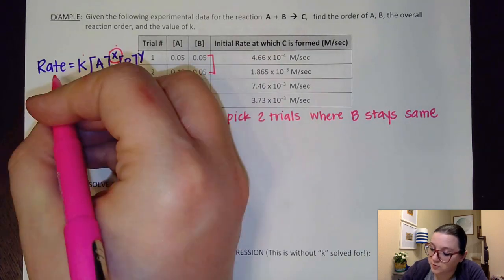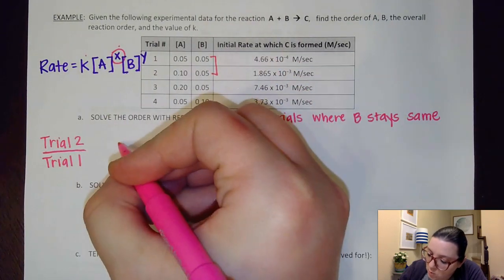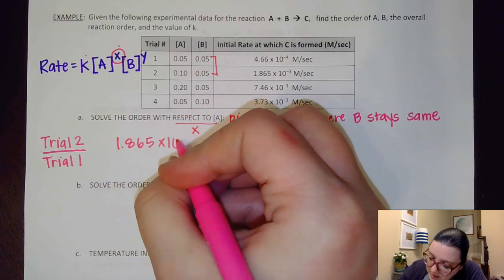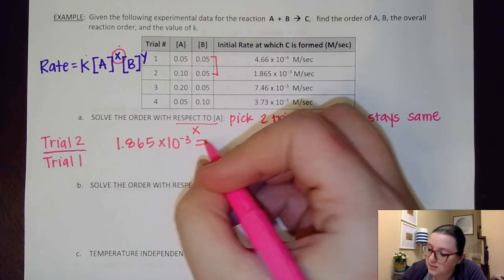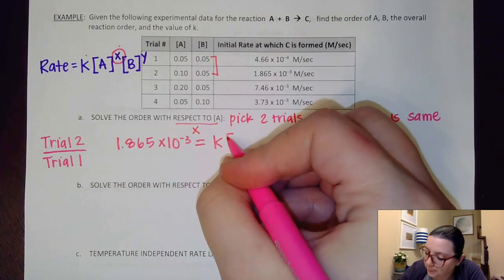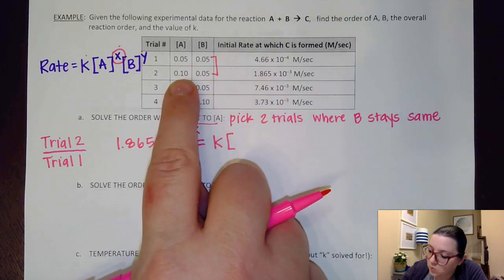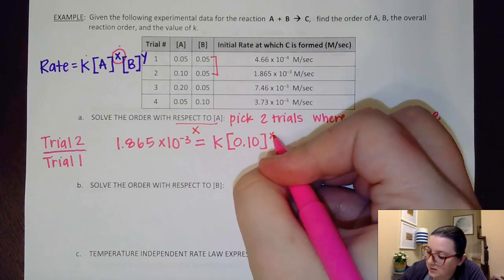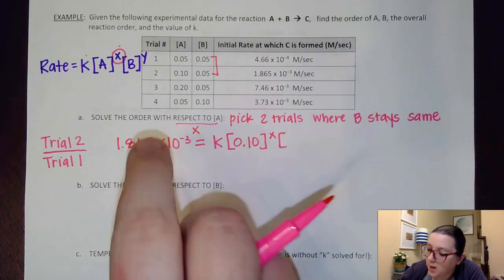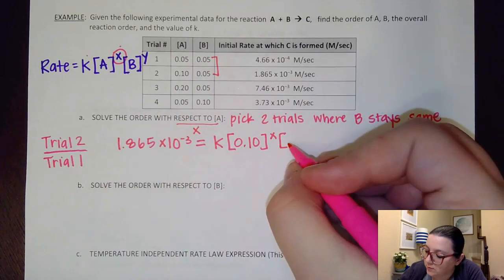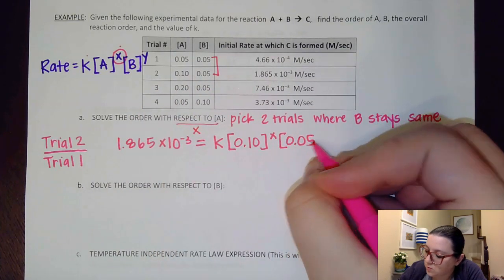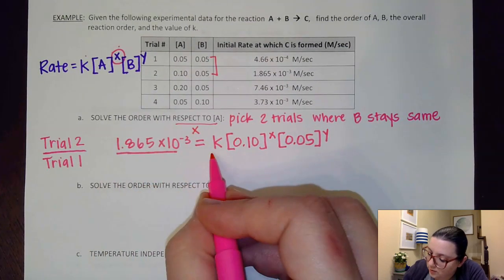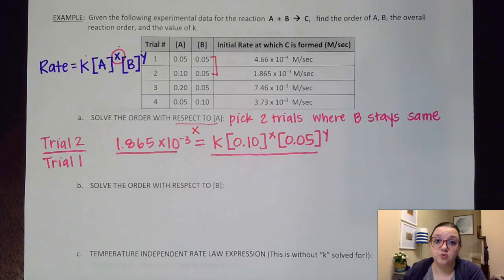Okay, so I'm going to start off with the rate, which was 1.865 times 10 to the negative third. That's going to equal some K. My A value for that trial was 0.10, which is going to be raised to some X that we're going to try and solve. My B is going to be 0.05 raised to some Y. And I'm going to set that over doing the same thing now for trial 1.